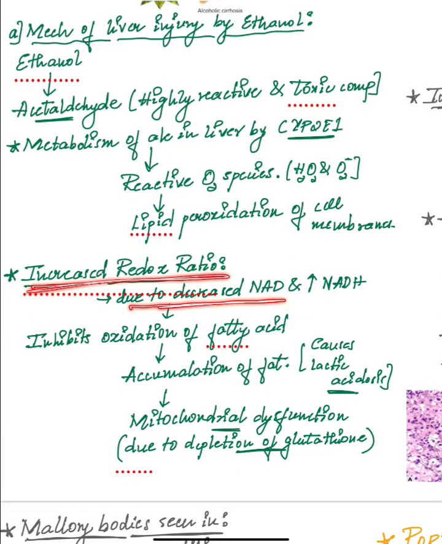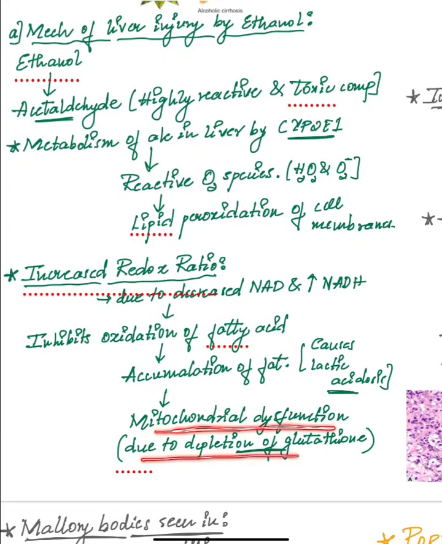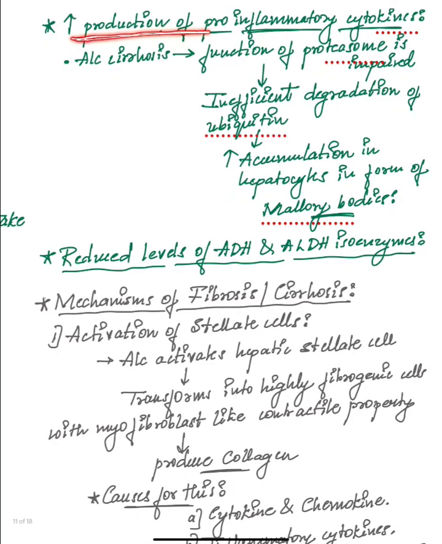Due to decreased NAD and increased NADH, there will be an inhibition of the oxidation of fatty acids. This leads to accumulation of fat and causes lactic acidosis. Then this accumulation of fat may cause mitochondrial dysfunction due to the depletion of glutathione. There will be increased production of pro-inflammatory cytokines.